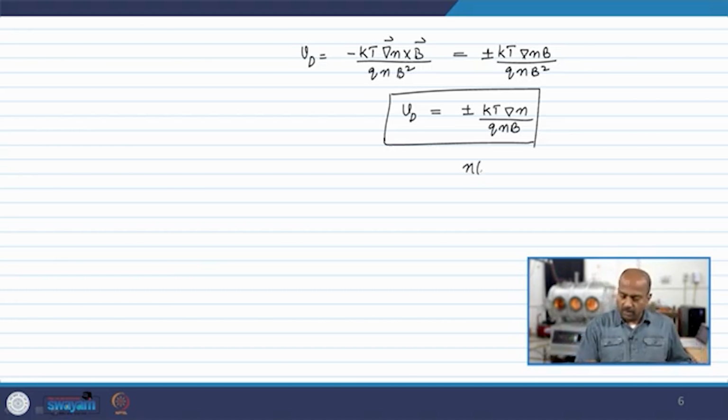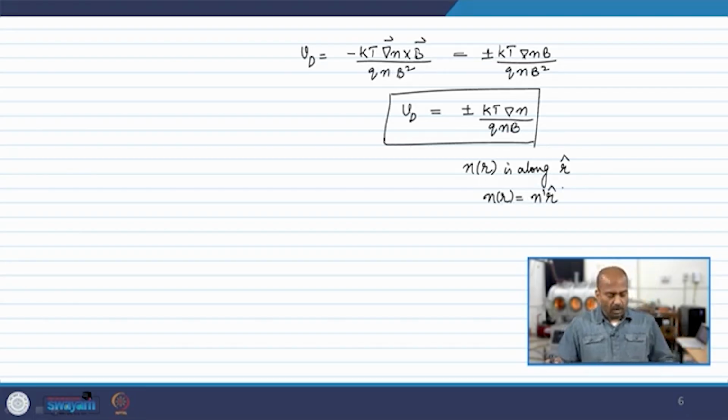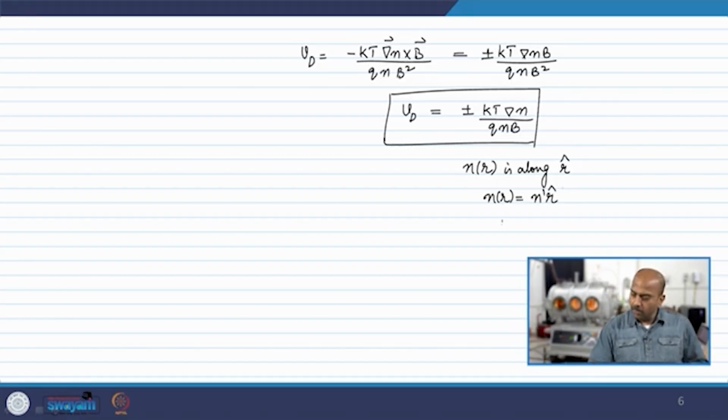We have identified that del n is along the r cap direction, right. So, del n can be written as n bar r cap, and the magnetic field B is along z cap.